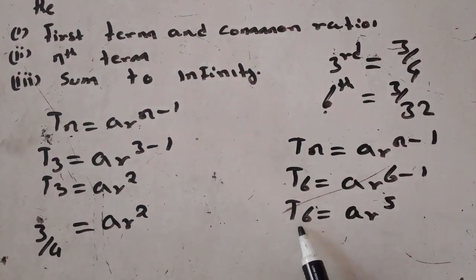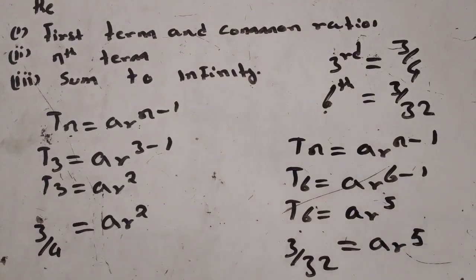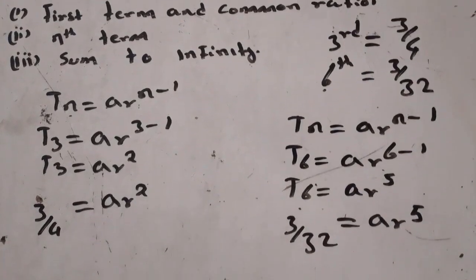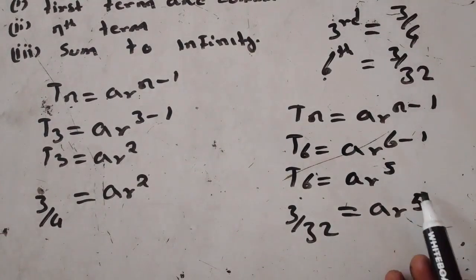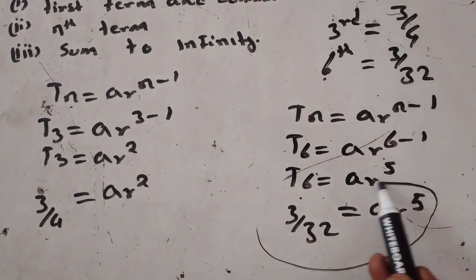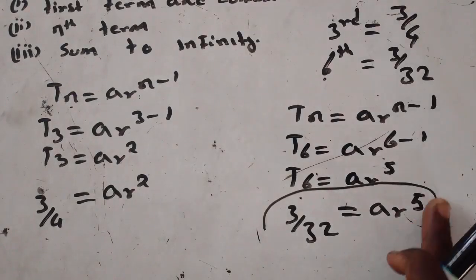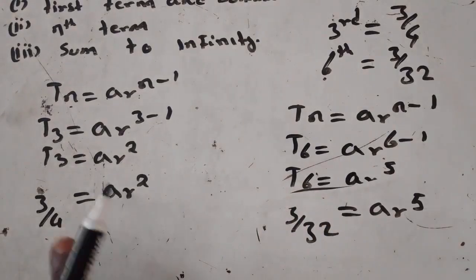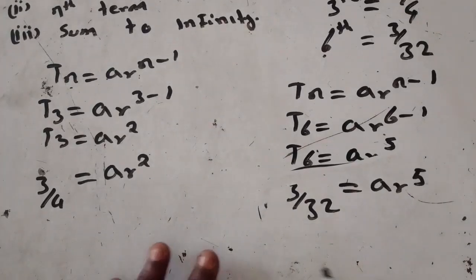And on this side, you know that T6 is 3 over 32, so 3 over 32 is equal to ar to the power 5. Our aim here is to make this similar to this one, and we can do that by expanding it like this.